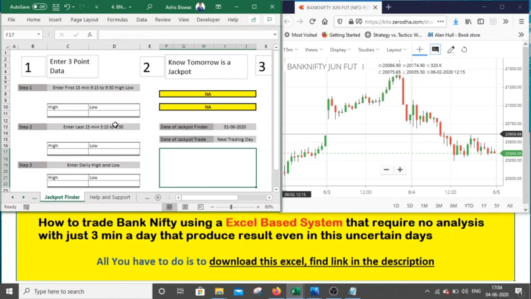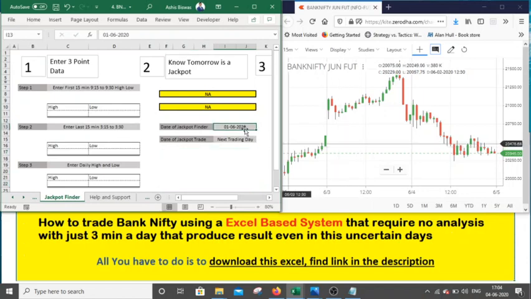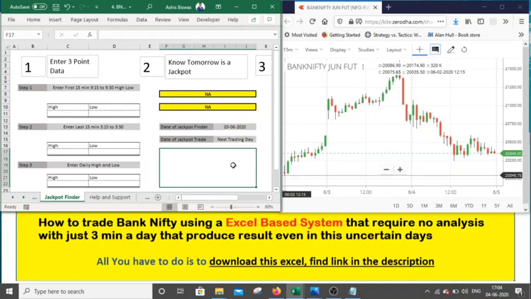So this is the chart. If we have to trade today, then we have to enter the data of yesterday. After market close yesterday, remember I am saying after market close yesterday, let's change the date. Yesterday's date was 03-06-2020. I change the date.